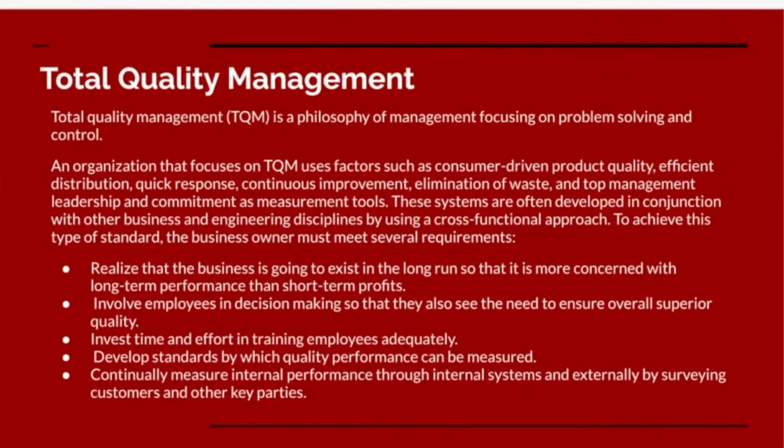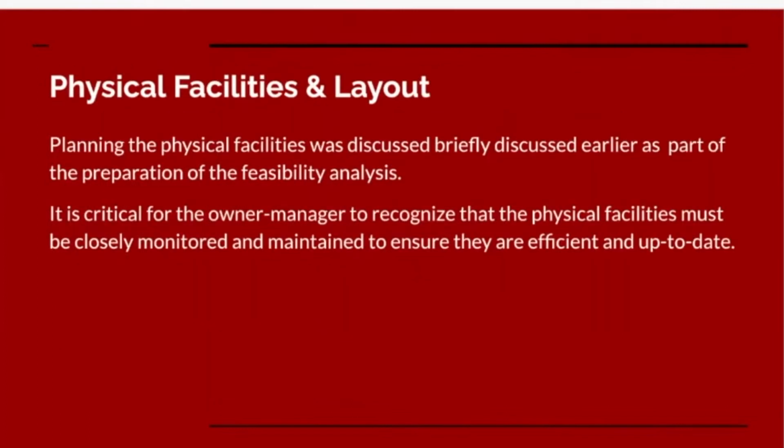So quality management helps businesses kind of focus on the long term and constantly resolving to increase their quality as they go along. Okay, so that kind of gives a little brief overview of quality.